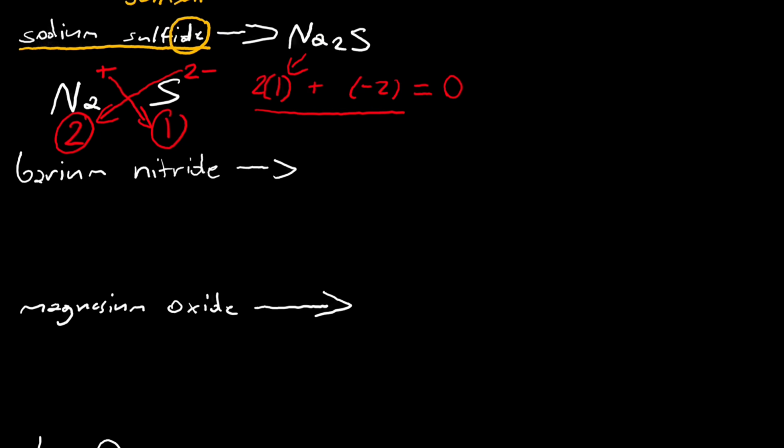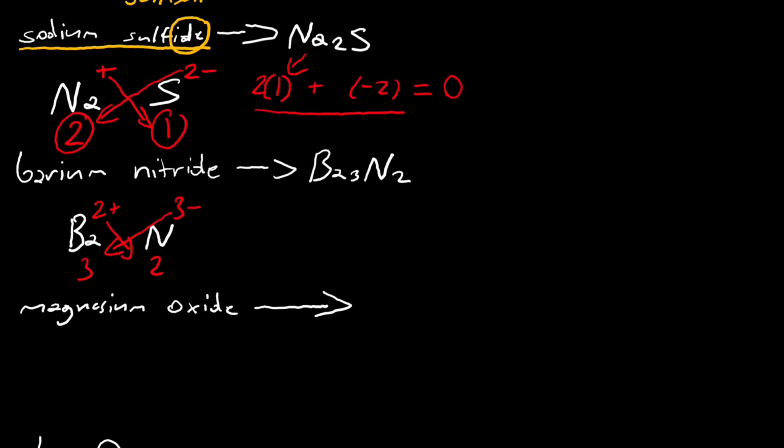Let's try another example with barium nitride. Let's write barium and nitrogen. Barium has a +2 charge, nitrogen has a -3 charge. Let's move over the charges for each element. Barium has its 2 move to the nitrogen, and nitrogen's 3 moves over to the barium, showing that we need 3 barium atoms and 2 nitrogen atoms to make Ba3N2.